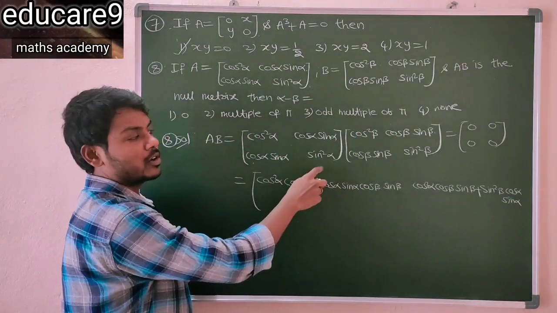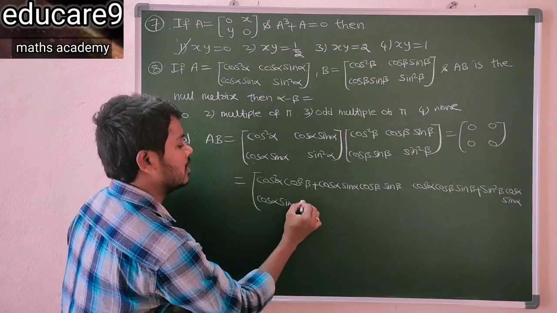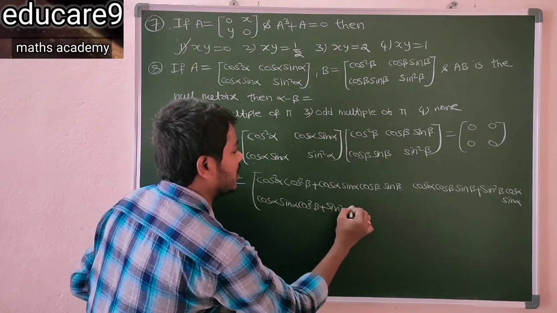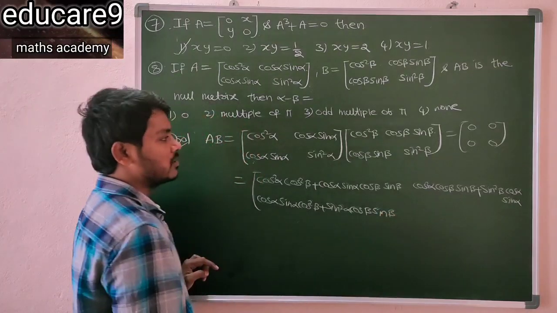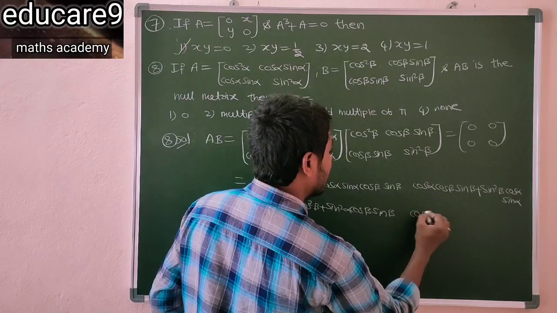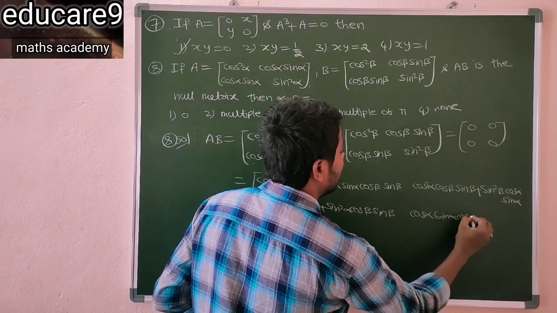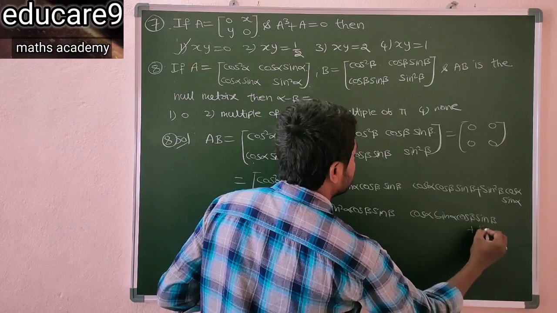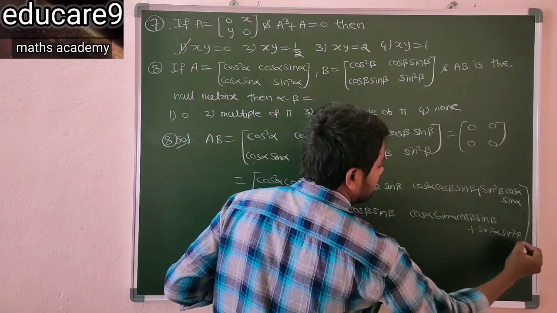Next is second row first column, that is cos alpha sin alpha cos square beta plus sin square alpha cos beta sin beta. Next one, second row second column, that is cos alpha sin alpha cos beta sin beta plus sin square alpha sin square beta is equal to 0.